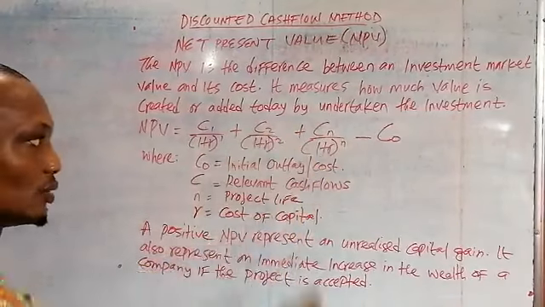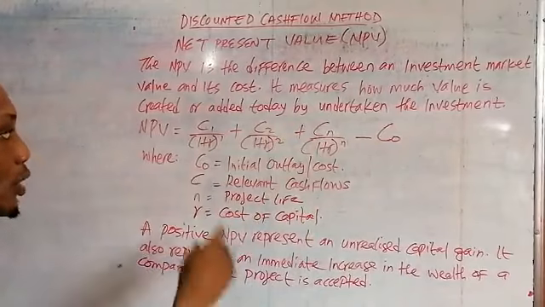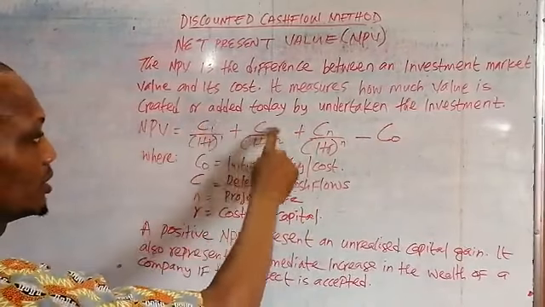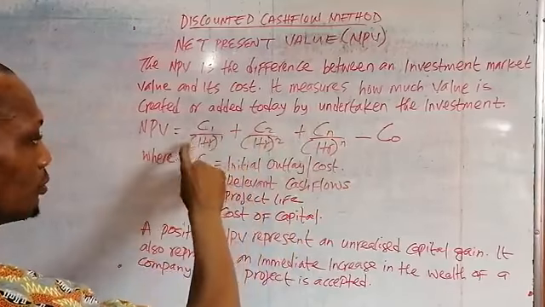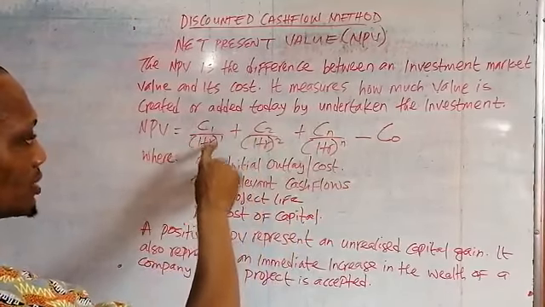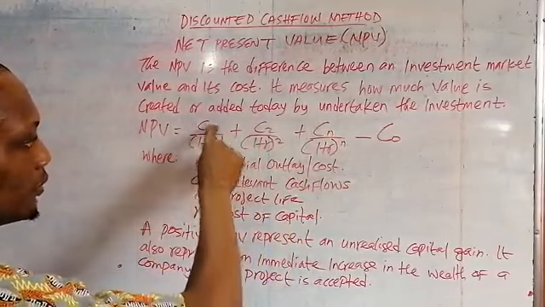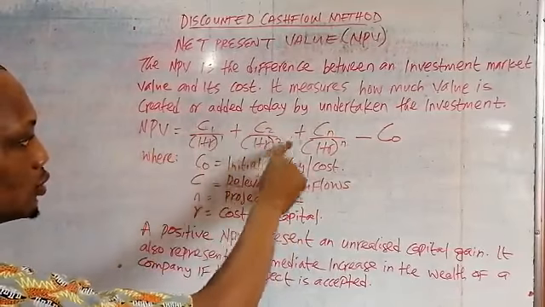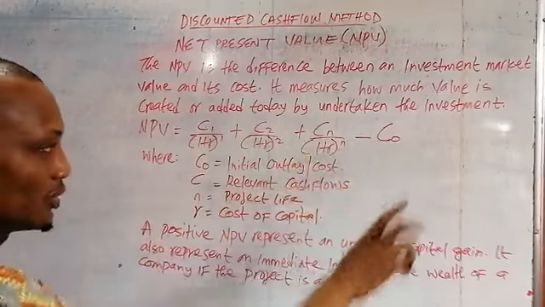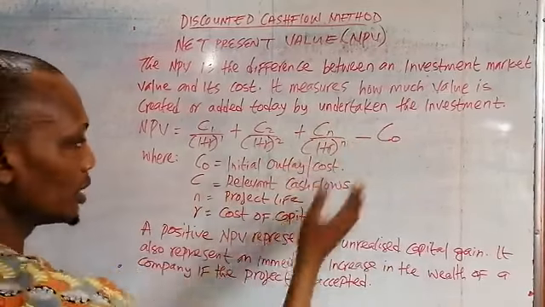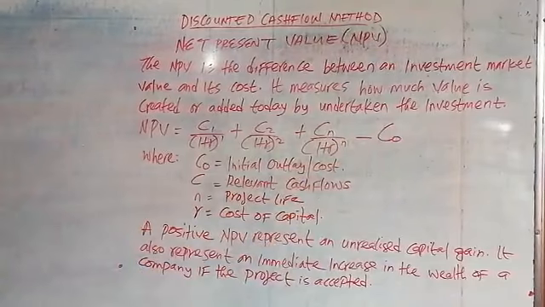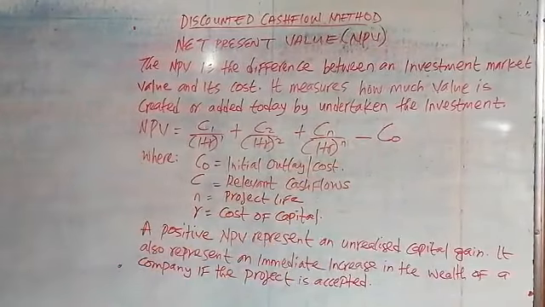So maybe the project is going to last 4 years, for example. So it is C1 over (1 plus R) to the power 1 for year 1, power 2 for year 2, power 3 for year 3, power 4 for year 4, as the case may be. So minus all the initial cost, as simple as that. From there, you arrive at your NPV.